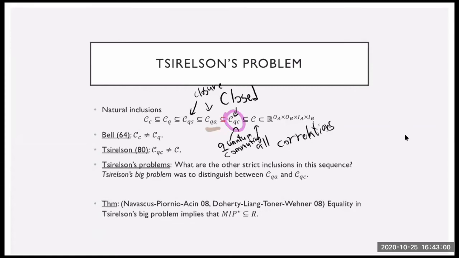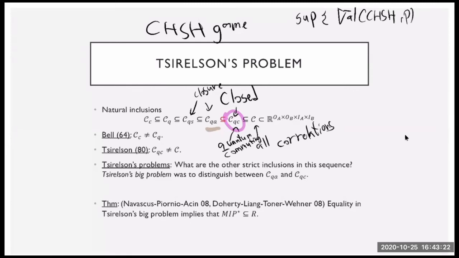What Tsirelson actually proved is that even if you use the quantum commuting model, last time we said that the CHSH game had the following property: the supremum over all values of CHSH together with P, where P is taken from the classical correlations, is equal to 0.75.